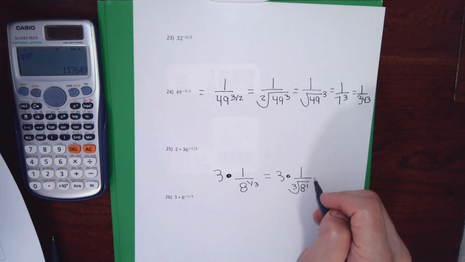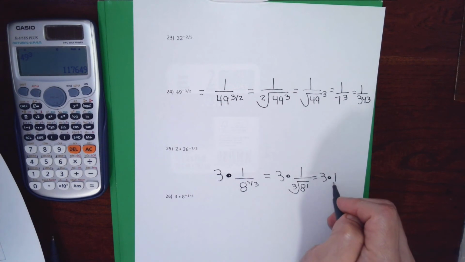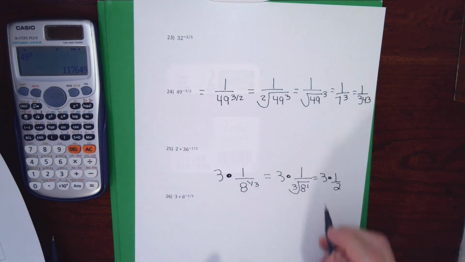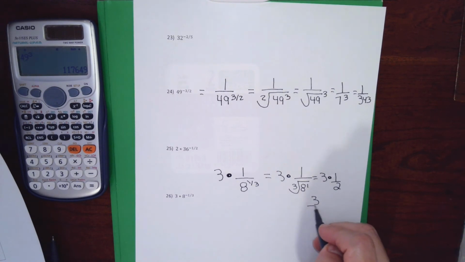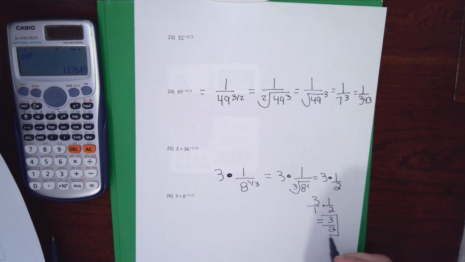The cube root of 8 is 2. So now I can think of this as 3 times 1 over 2, which makes this 3 over 1 times 1 over 2. If I'm going to multiply without my calculator, I make both pieces a fraction. I multiply across the numerator. 3 times 1 is 3. I multiply across the denominator. 1 times 2 is 2.